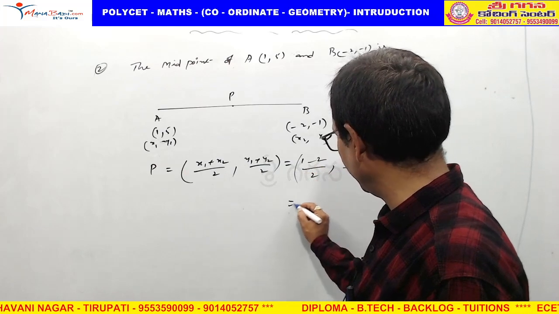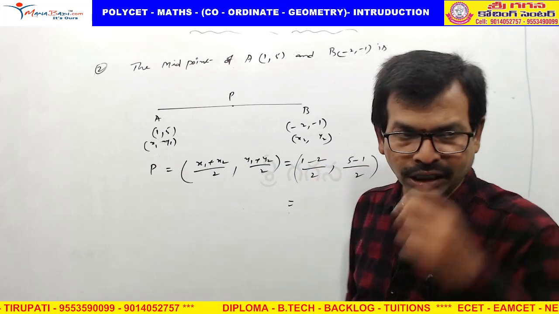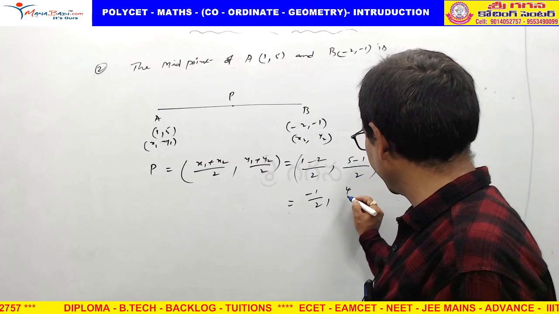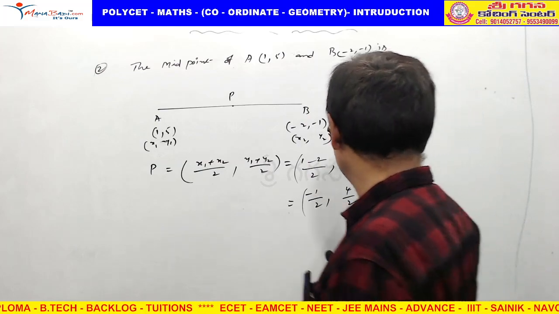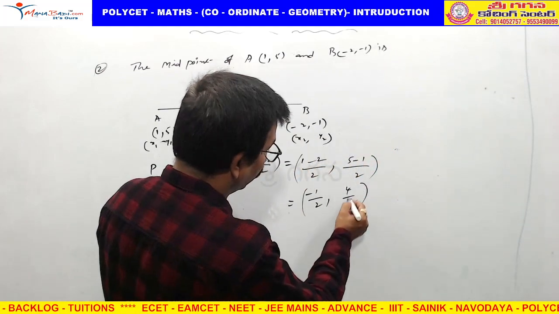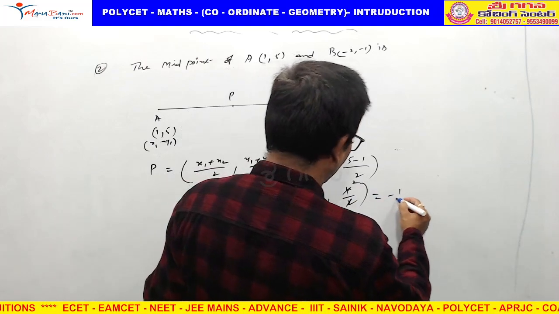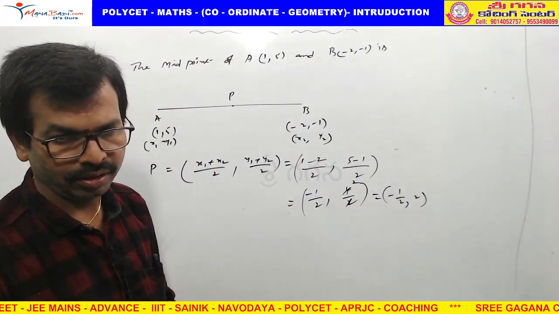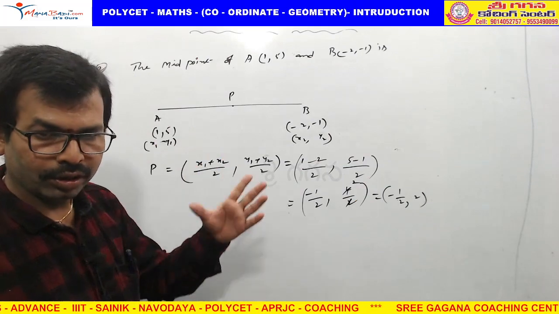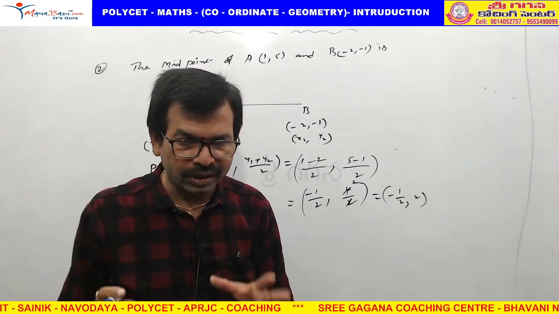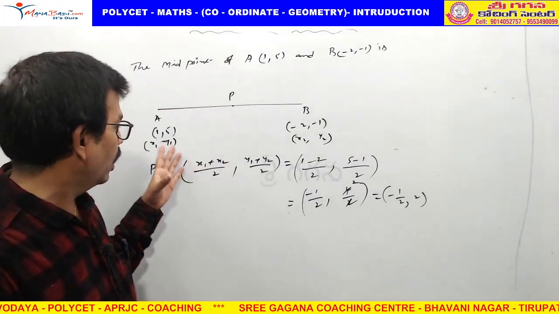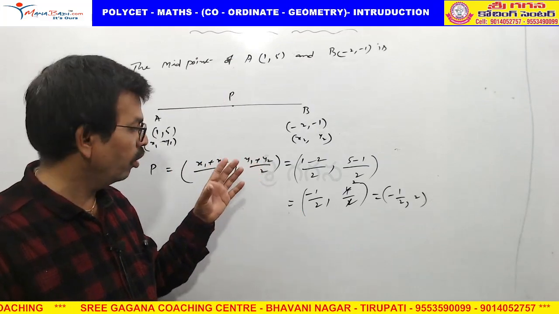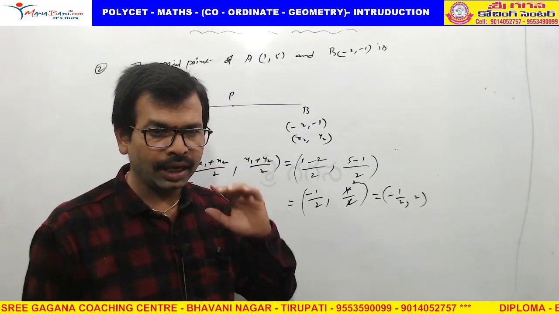So if you simplify, you will get (1 - 2)/2, (5 - 1)/2. So 4 by 2, if you cancel, 2 ones, 2 twos. So now the answer is (-1/2, 2). This is the answer. Okay, midpoint. So don't forget, midpoint means always you have to apply (x1 + x2)/2, (y1 + y2)/2. If you apply this formula, then you will get the correct answer.